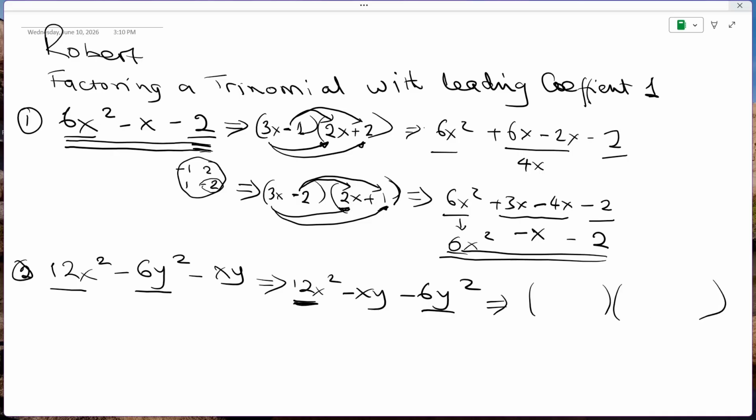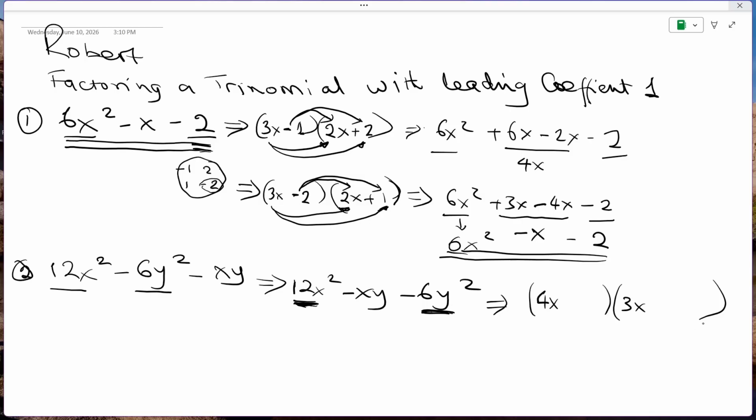So when we break this one up into two manageable factors, which when multiplied together will give us 12x squared, we can say, okay, let's try out, say, 4x. If we choose 4x, then the other one should be 3x, because 4x times 3x should give us that value there. And then we move on to the last expression here, which is minus 6y squared.